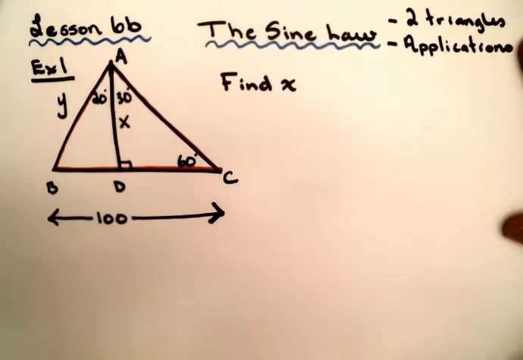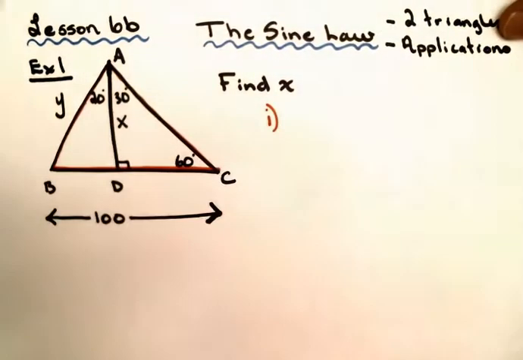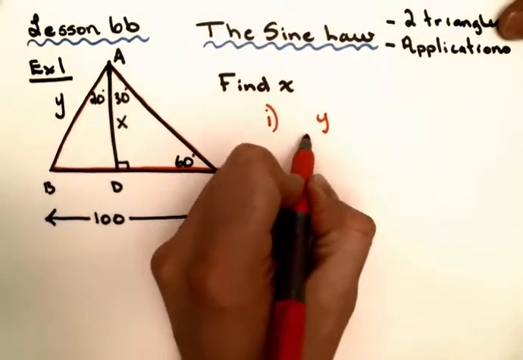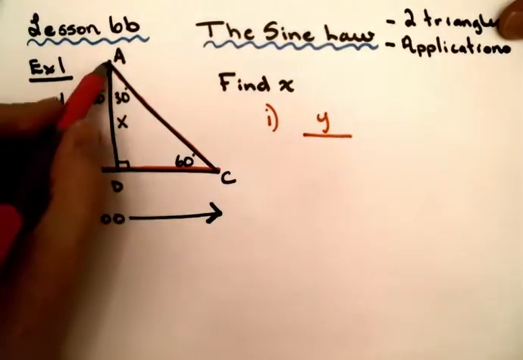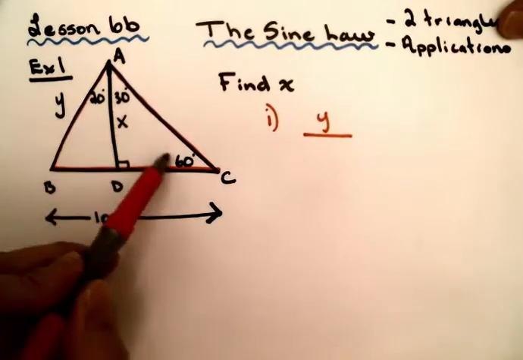For step 1 to find Y, look at that orange triangle, and we're actually going to work out a sine law on it. Okay? And here's how. I want to find Y, and I'm going to use the sine law. So Y is this side, and who's his angle? Well, you have to go opposite Y, and you get to 60.